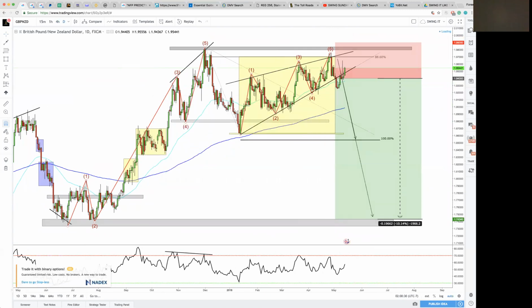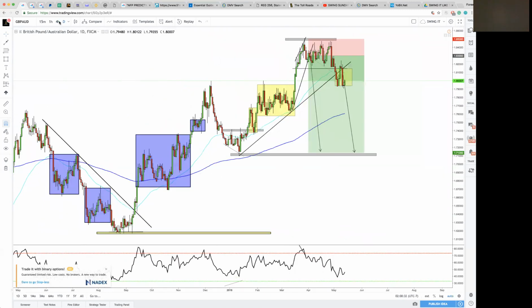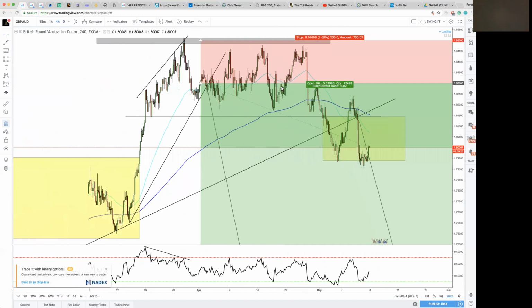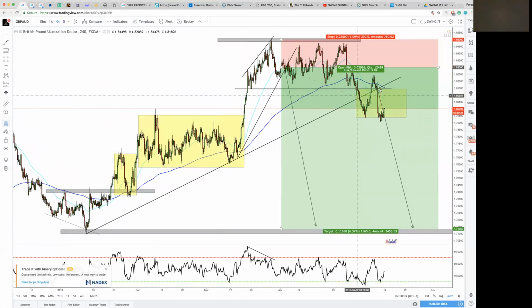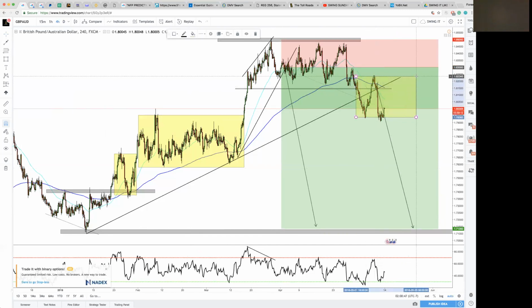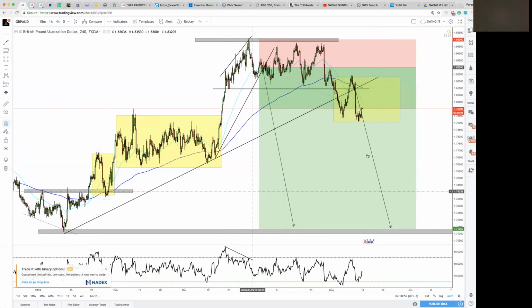GBP AUD. All right, GBP AUD is in profit. What we've seen here is a nice trend line breakout and a retest, and then the price just collapsed from there. So that basically validates that this is a level 1 consolidation, and now we're just going to have to wait for an impulse and the correction and the second level and then drop again.